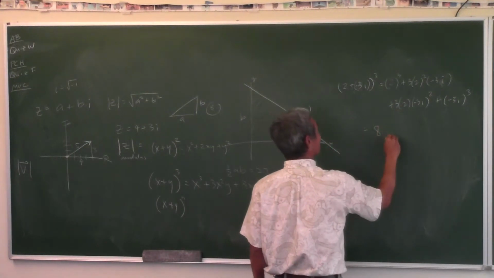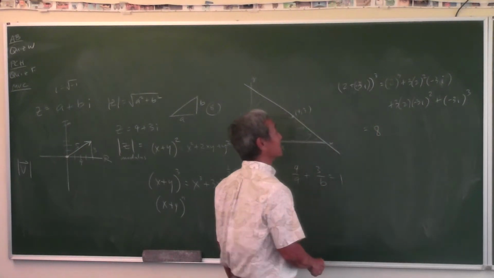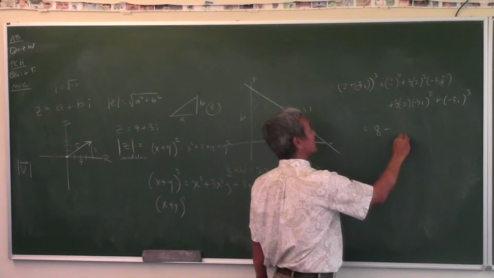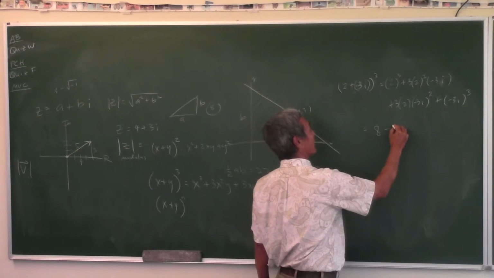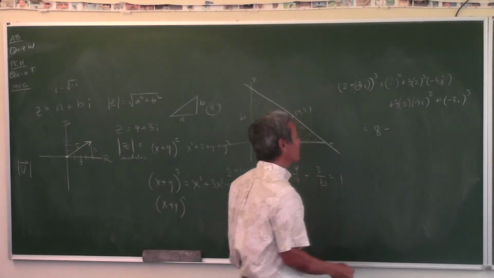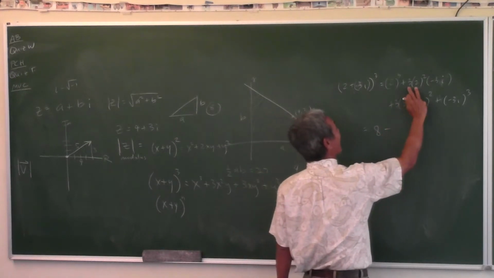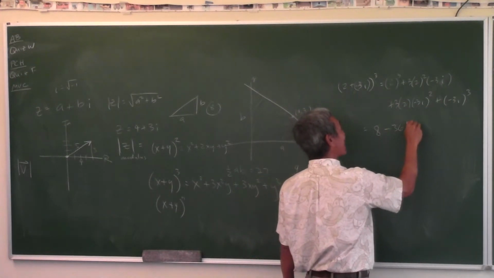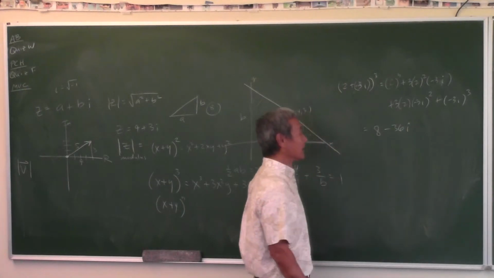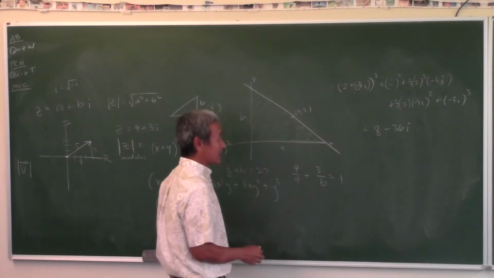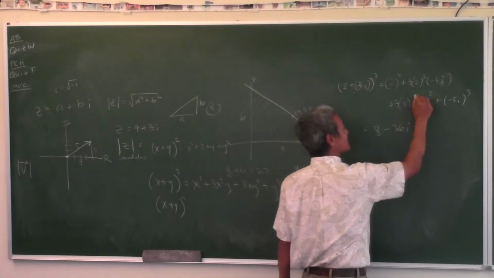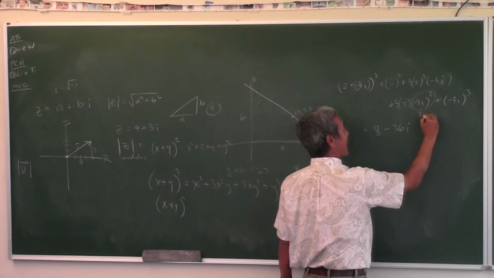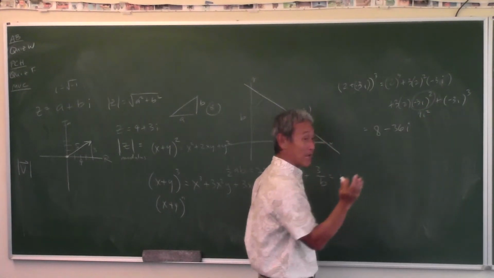8 plus, what? Minus 36. Where are you getting the 12 from? This is 12, but then you gotta multiply it by negative 3. Negative 36i. Plus 9i squared, but what is i squared?